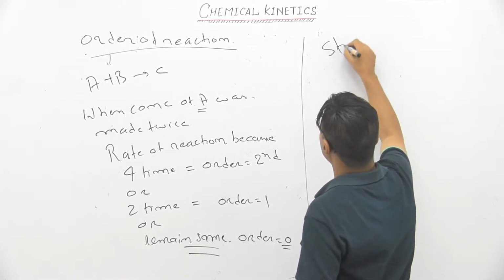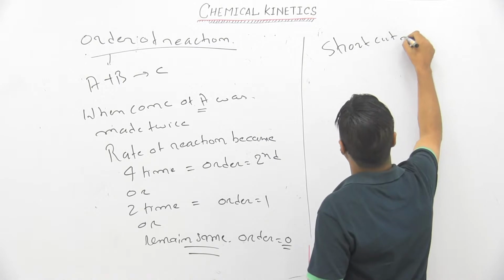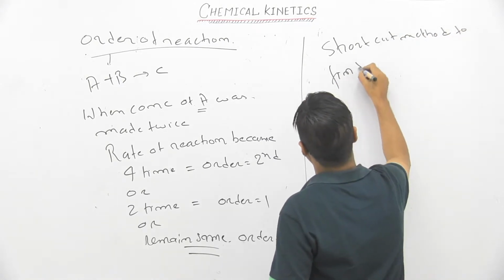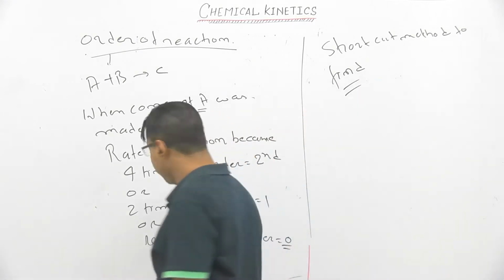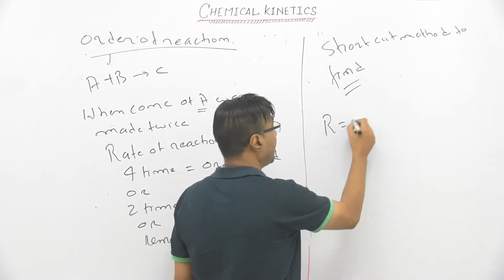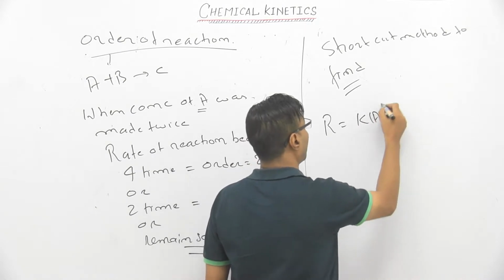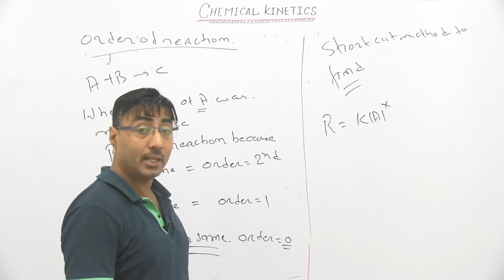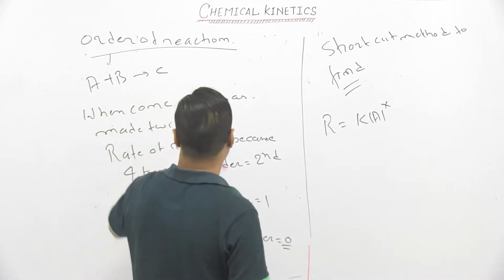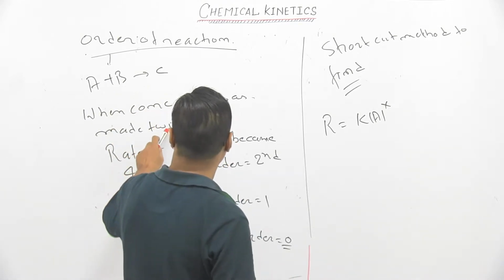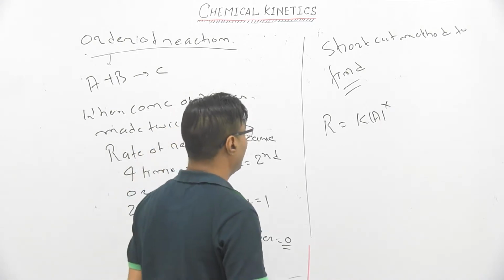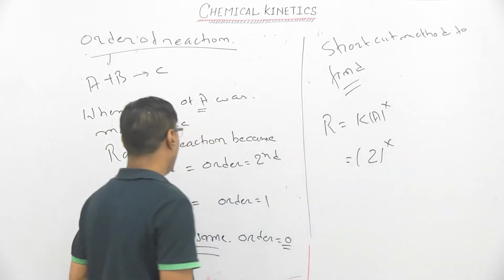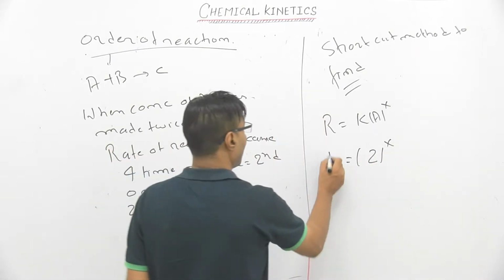And a shortcut method to find it out. You just write the reaction, R is equal to K A raised to power X. What we did, we made the concentration of A twice, so it is 2 raised to power X. And rate of reaction becomes 4.